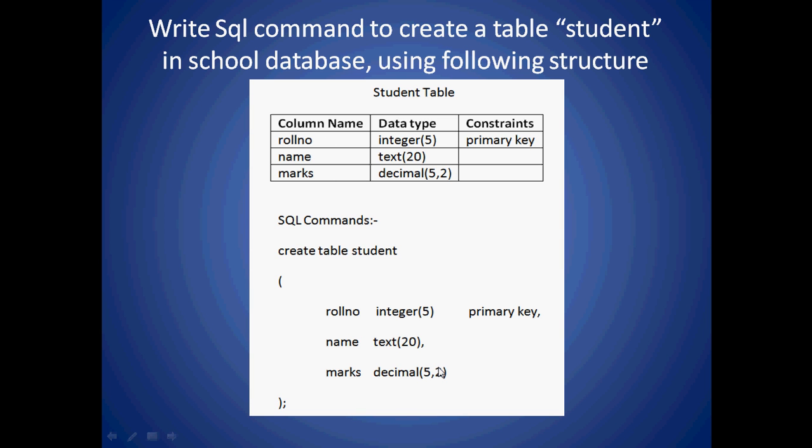So you can see first column roll number, data type integer, and our primary key, comma. Here comma is important because after this column we have another column name. Okay, text 20, then we must use comma because after that we have another new column marks decimal 5,2, but after that there is no column, so we can close our bracket and semicolon.